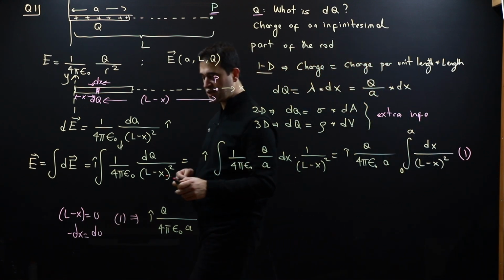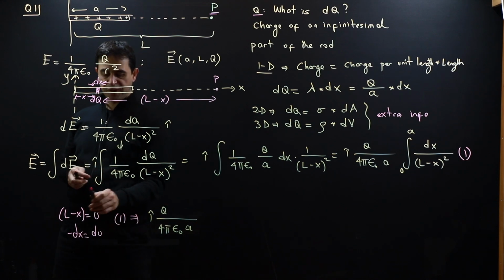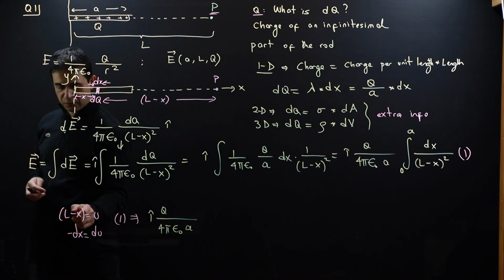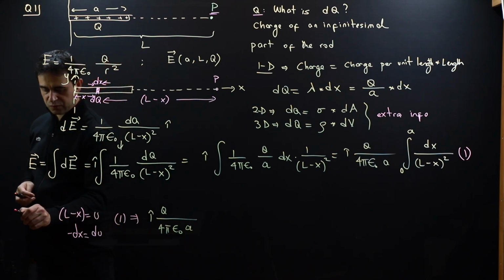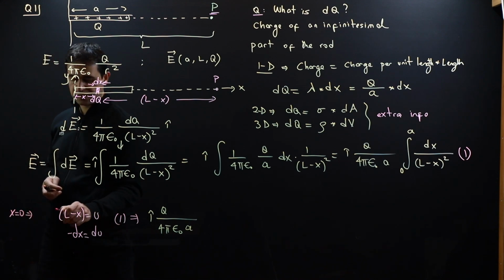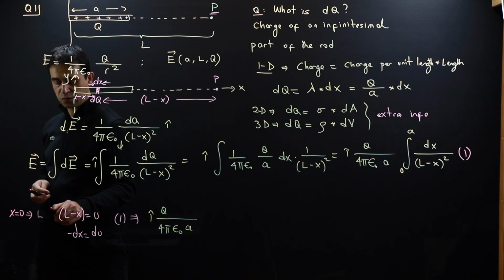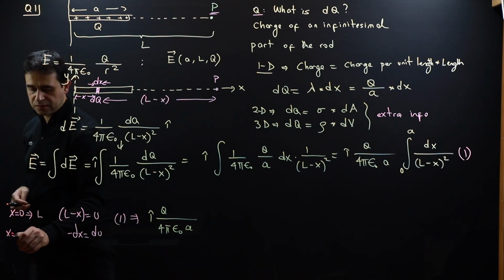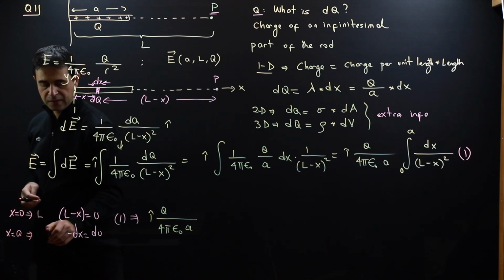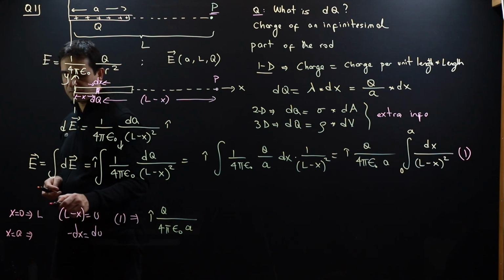Since I'm now changing the variable from x to u, when x is equal to 0, L minus x becomes L minus 0, which is L. When x is equal to a, L minus x becomes L minus a.